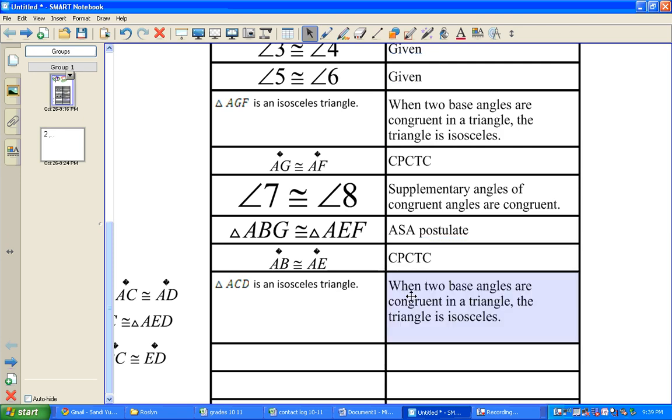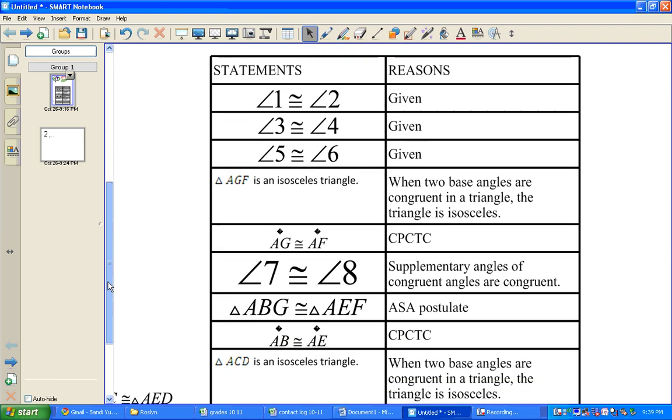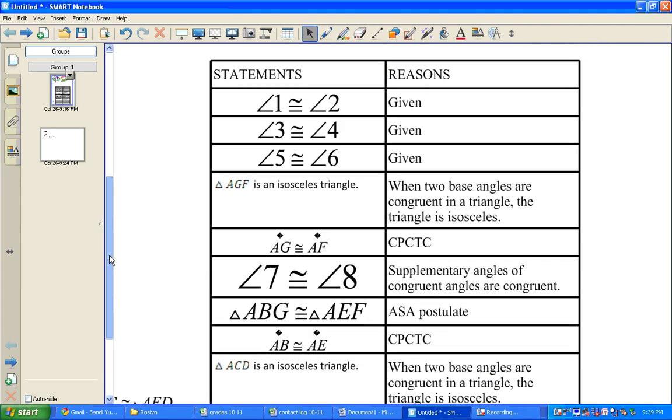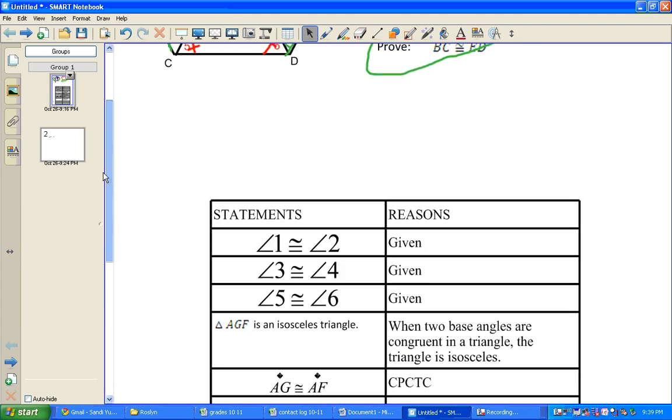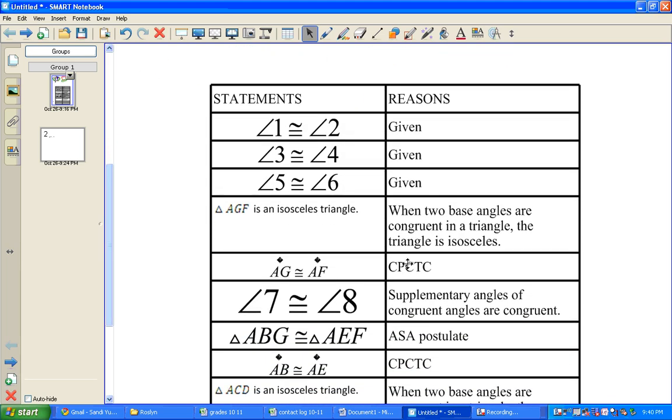All right, now, next. Because this triangle is an isosceles triangle, we get to realize that the line segments AC and AD must be congruent. Now, the reasoning would be the same as before. Oh, I'm sorry. We made a silly mistake here.